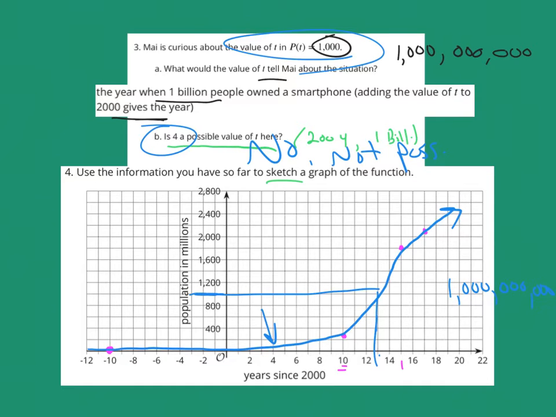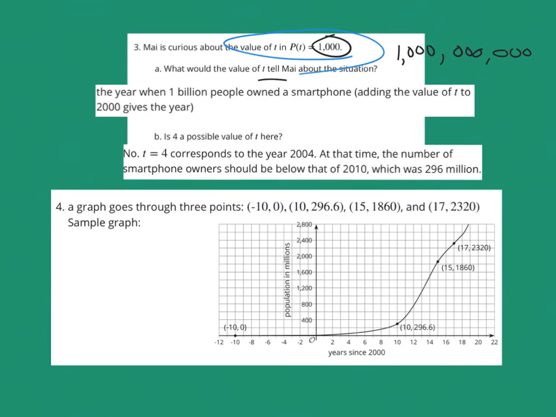The value has to be much smaller at a t of 4. I don't know the value. I'm just arguing that it can't be a billion. And here's just a book example or cleaner example of the graph and then the book explanation of part B. Make sure you get this into your notes. And if you have questions about it, ask during class time.